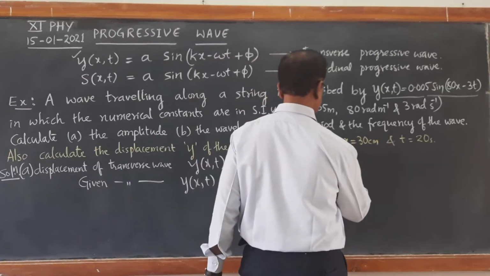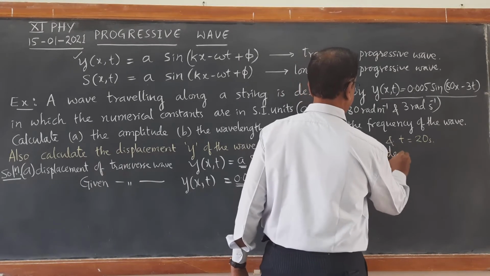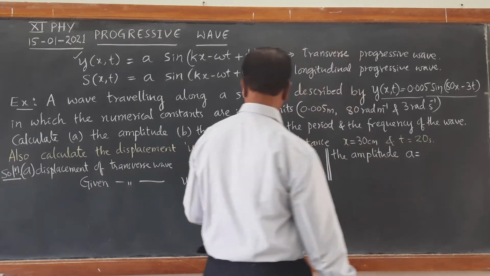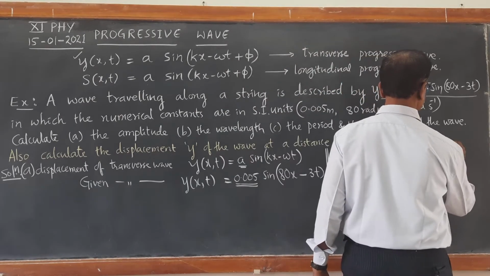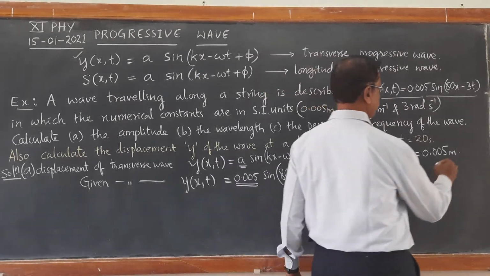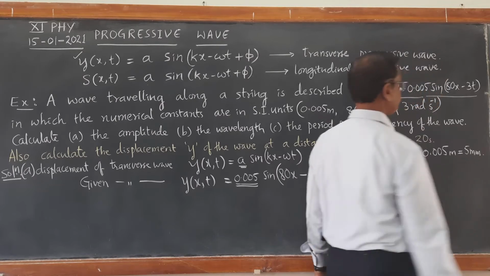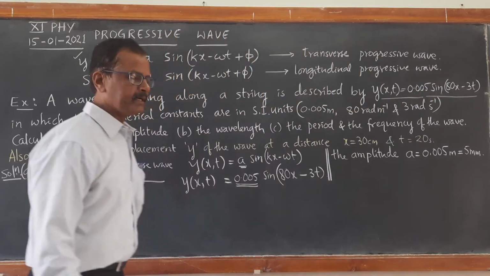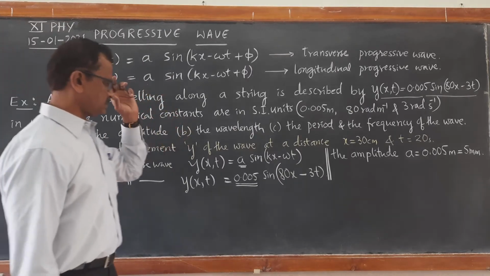The amplitude A is equal to 0.005 meter. That is equal to 5 millimeter. That is half centimeter, 5 millimeter.